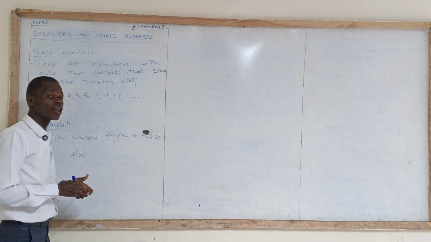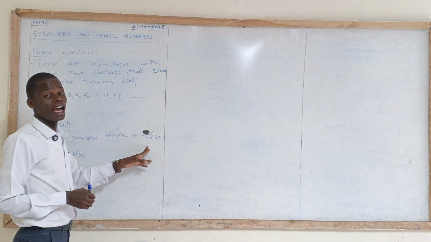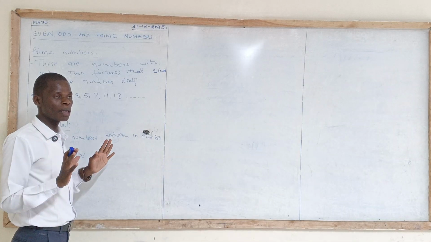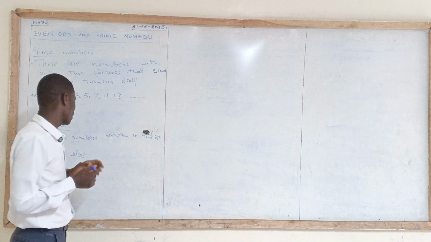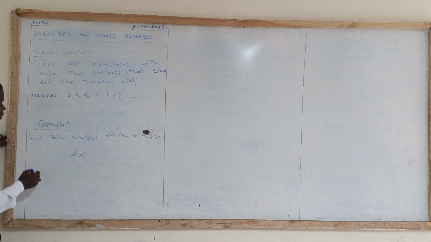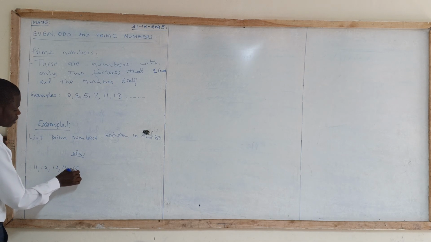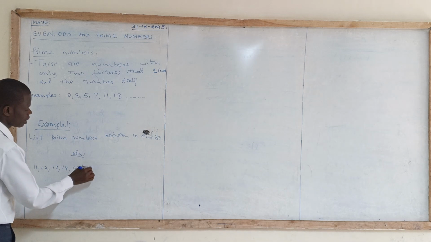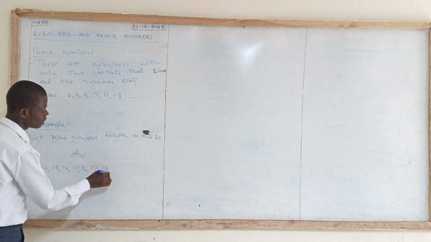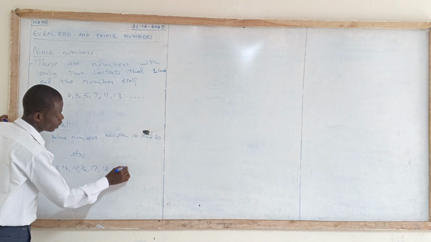Solution. We can list numbers between 10 and 30 and remove numbers that are not prime numbers so that we remain with prime numbers. So let us start. After 10 we have 11, 12, 13, 14, 15, 16, 17, 18, 19. After 19, what do you have? 20.